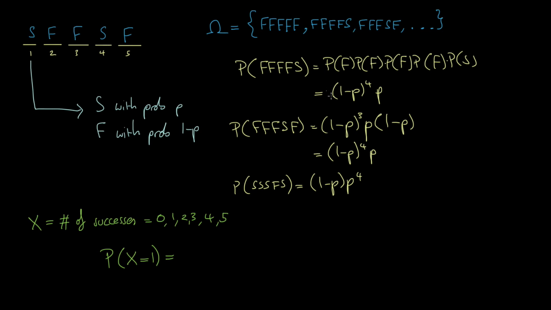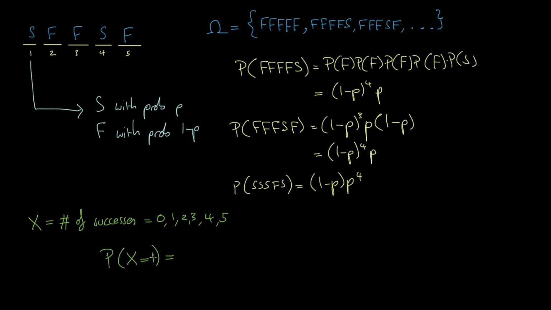We said that it really only depends on the number of failures and the number of successes. And so for any string like FFFSF that gives us x equals 1, when we put that outcome into our random variable x, every outcome that maps to 1 will have the same probability.